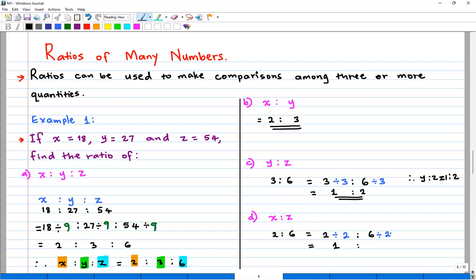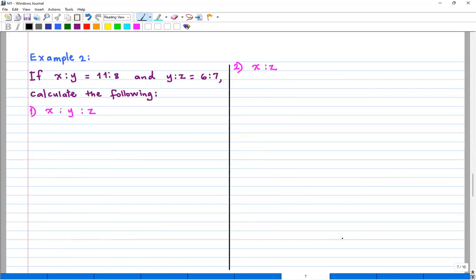And 6 divided by 2, we get 3. So that we get 1 to 3. I hope you have understood that very well. Okay. Let us see another example.